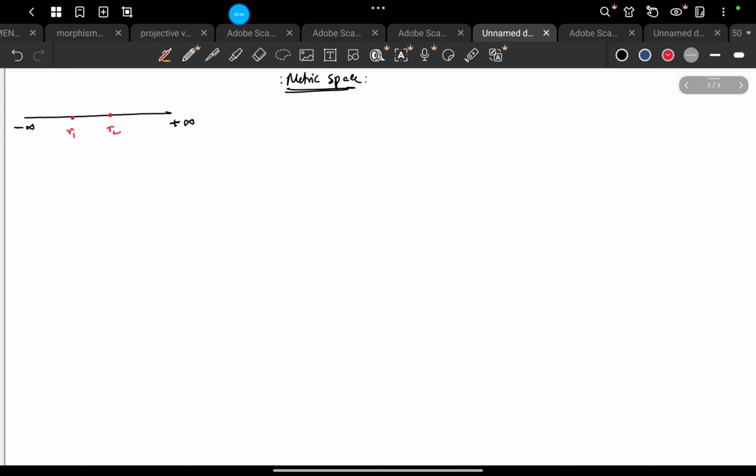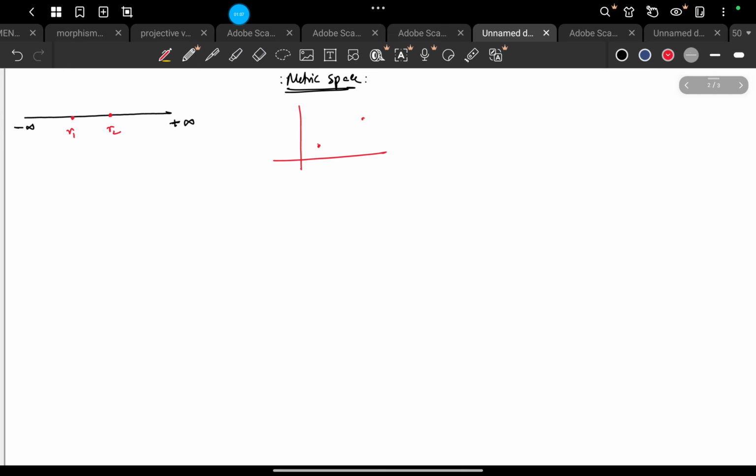In fact, if we have any points in R2, we can also determine the distance. In fact, I can talk about the distance between any two distinct points.